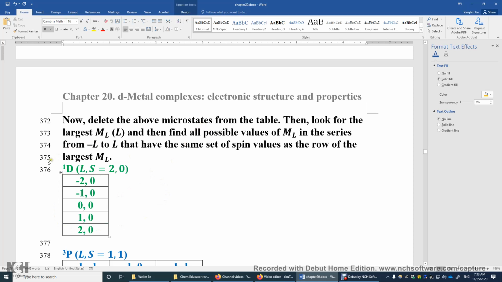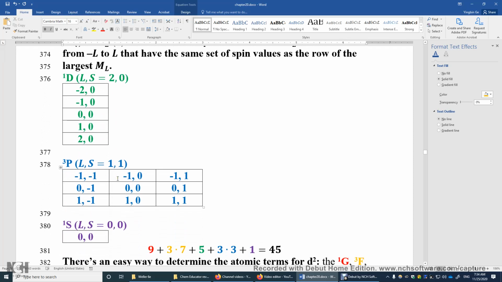And then we determine this 1D atomic term, with L being 2, S being 0. 5 of them. And then we delete these 5 microstates. We find the largest m sub L in the remaining 10 microstates.